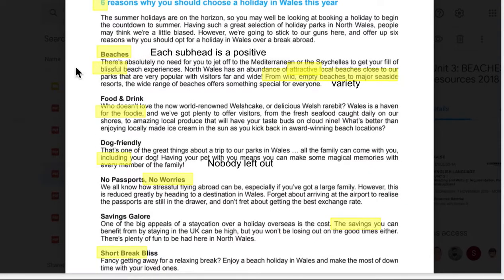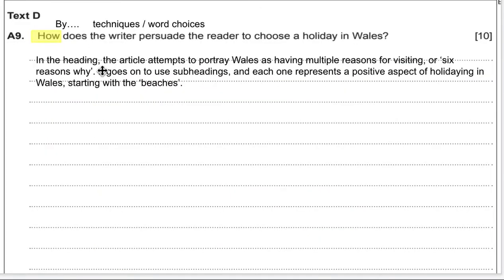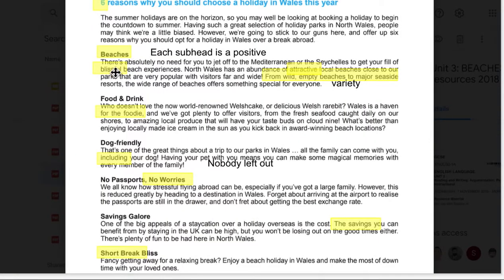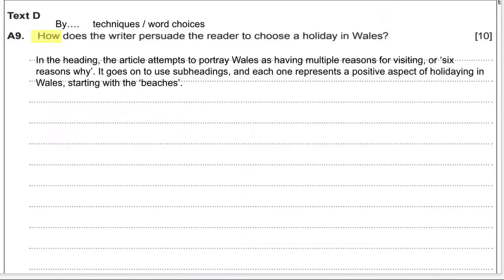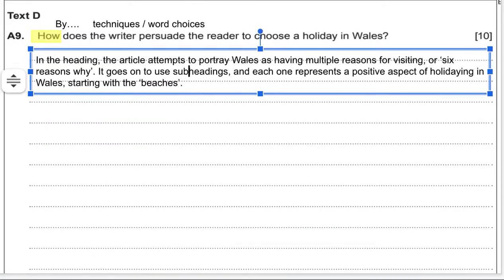Okay, now I'm focusing in on language. So most of the things I've talked about so far have been sort of layout features, but now it's quite useful. I'm going to talk about language choices and the positive adjectives. The author uses a series of positive adjectives, blissful, and what's the other one?